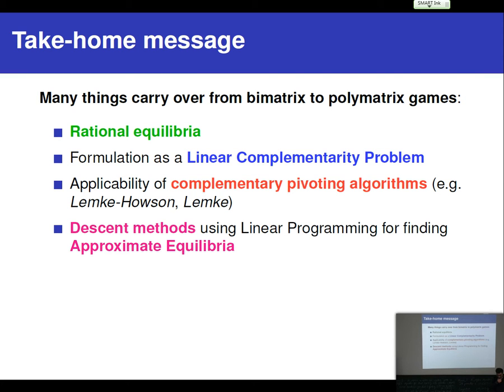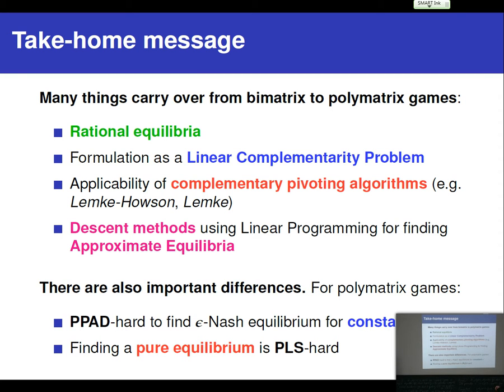And we'll touch on an approximation algorithm that is the best in terms of the approximation guarantee, polynomial time algorithm for bimatrix games, where the idea extends to polymatrix games. That's actually the only bit of my own work that I'll present in the talk. The rest is kind of classical or other people's recent work.